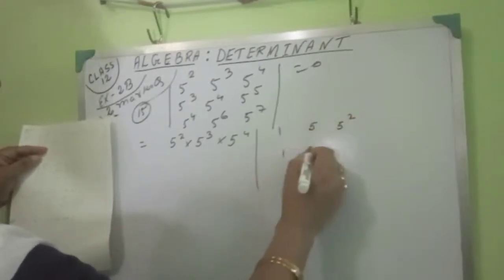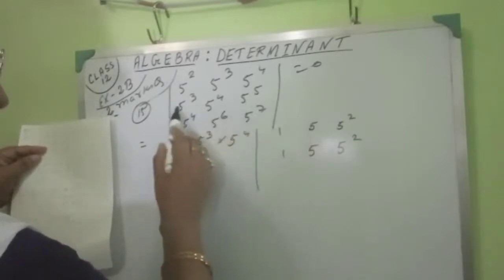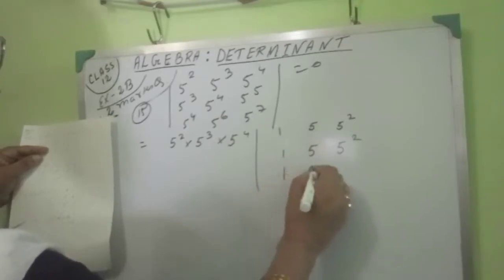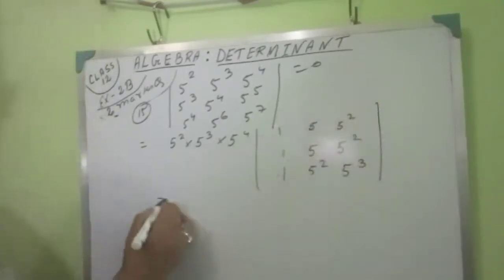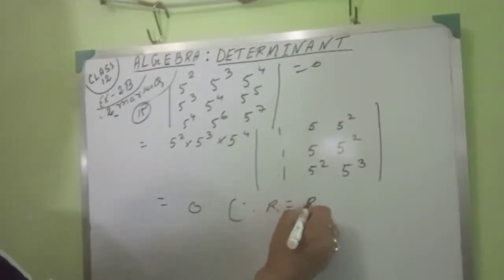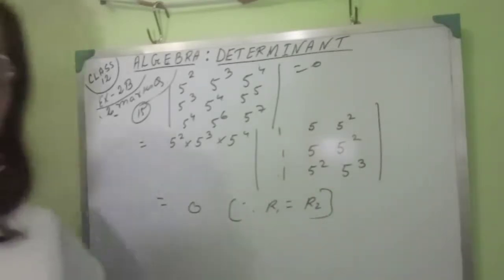And here 1, 5, 5² again, since 5³ is taken out. And the third one, 1, 5², 5³. Since the first two rows are identical, the value of the determinant is again 0. Here we have already applied the same property.